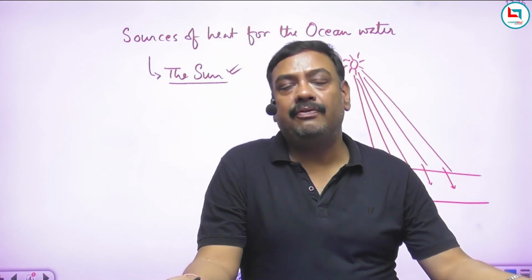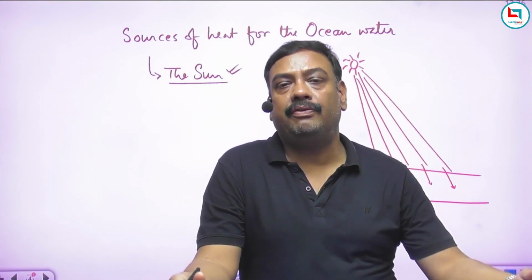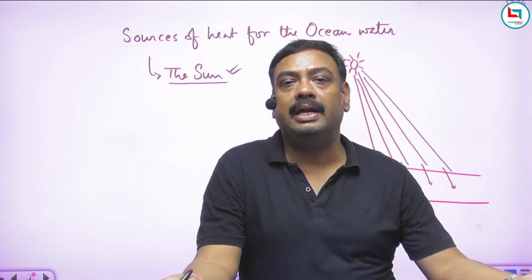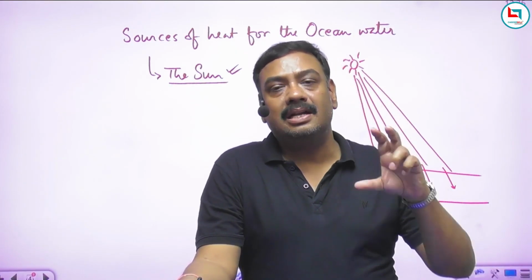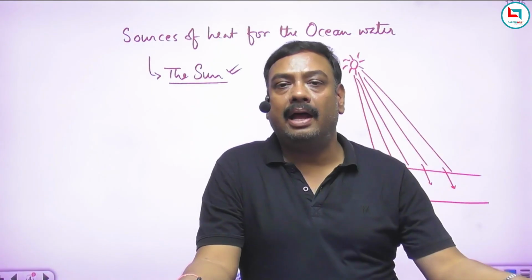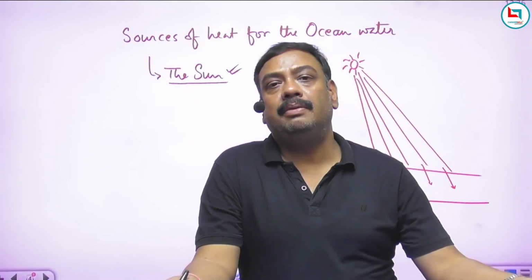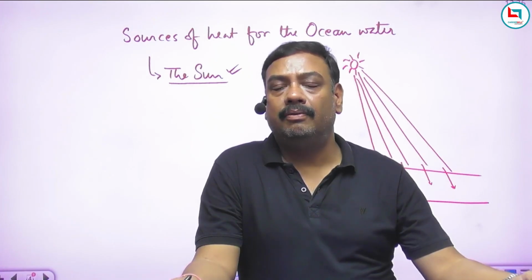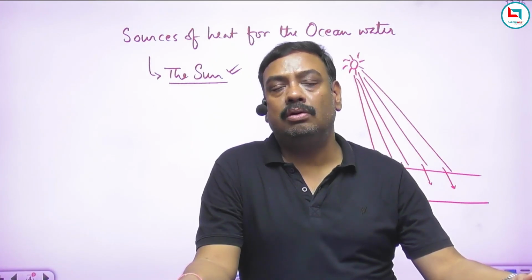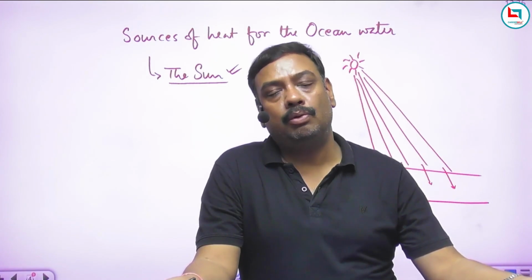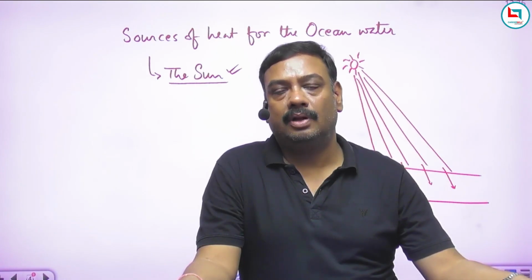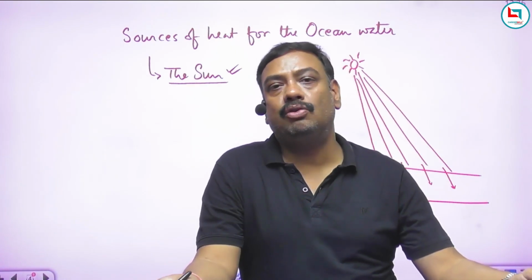And that is why from the sea surface up to 200 meters, you can consider that zone as the photic zone. Then after 200 meters depth, we have the aphotic zone up to the bottom of the ocean water. Okay, this is the first thing you must consider here.